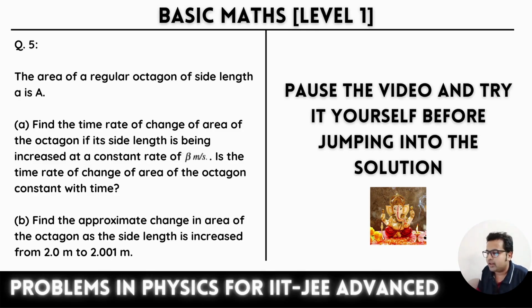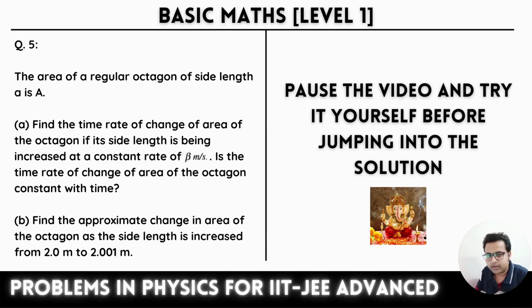We have to find the change of area per unit time. Definitely when the octagon increases, its area will also increase. So you have to find the rate of change of area with respect to time. I hope you are getting an idea of how you can solve it.